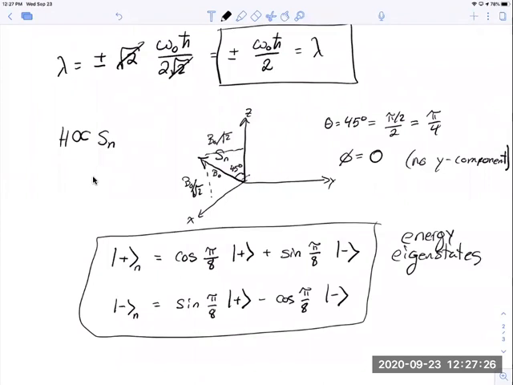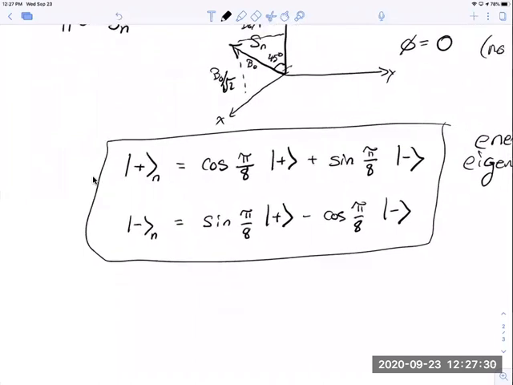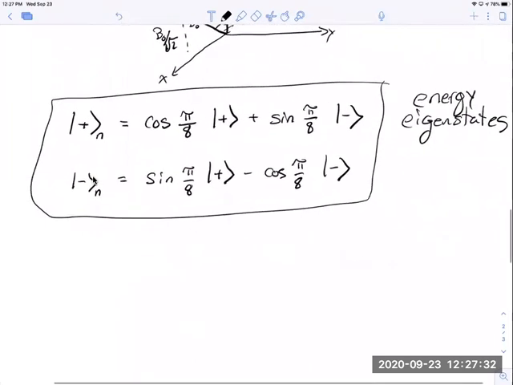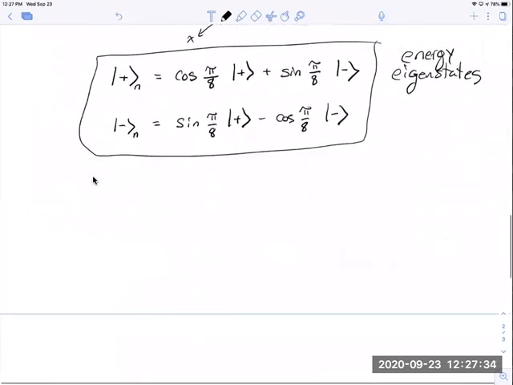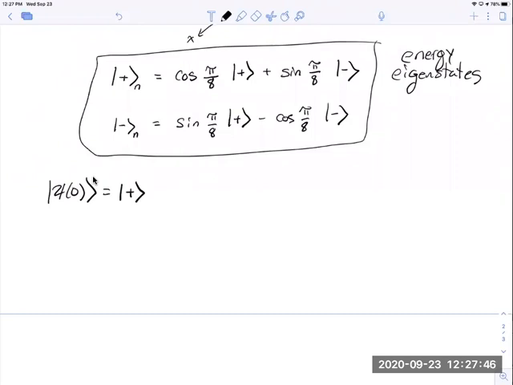So I need to write psi 0 in terms of this mess. I want to look at psi 0, and I want to write it in terms of the energy eigenstates. It's going to start in the z hat direction. And I can use the old multiply by 1 trick, so multiply by the identity matrix.